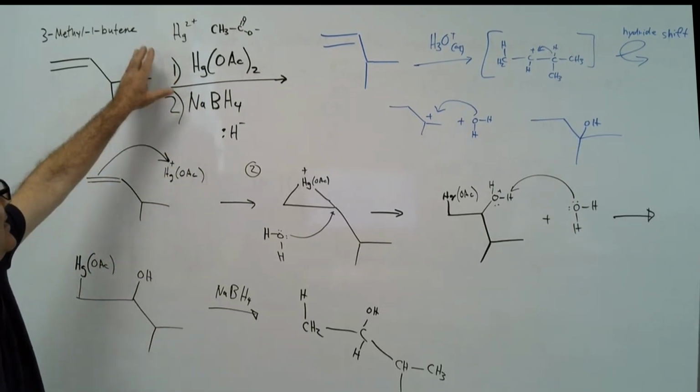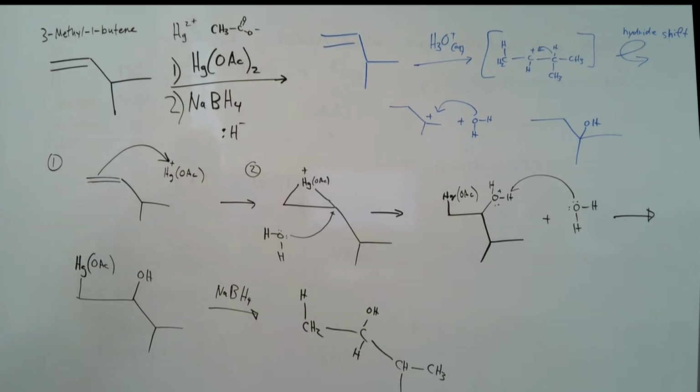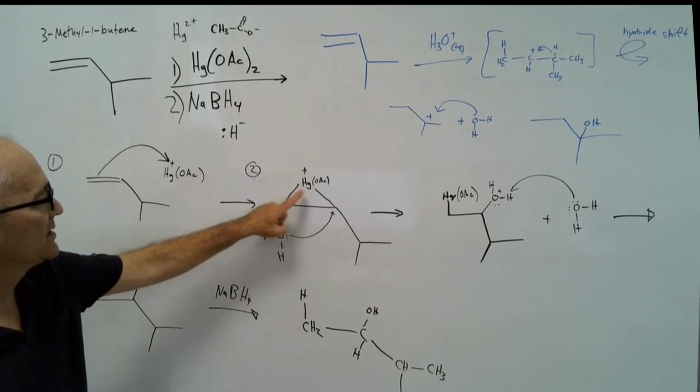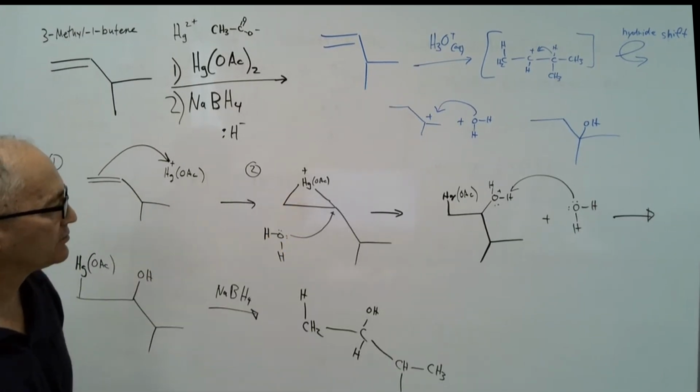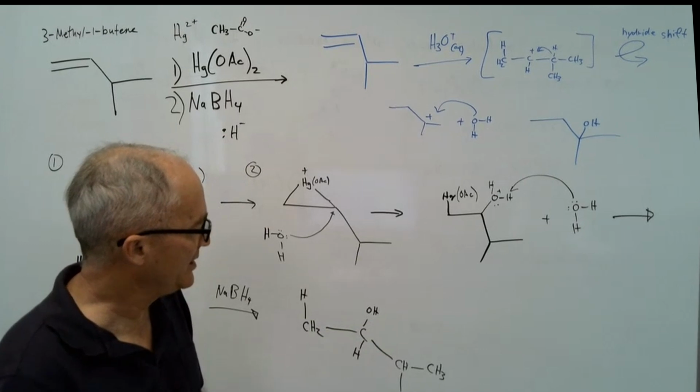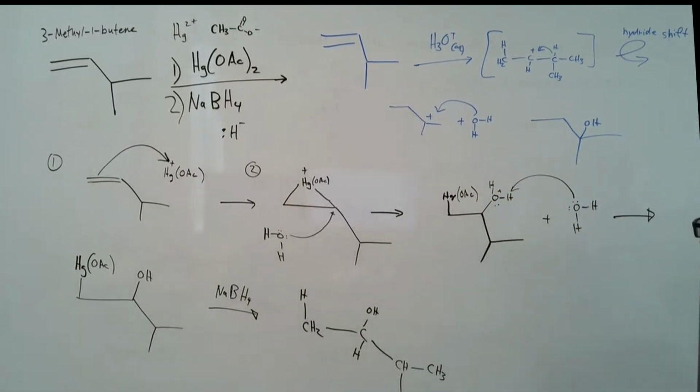So the whole reason chemists came up with this reagent and reaction is that it stops carbocation rearrangement, because this gets locked down. The carbocation can't rearrange, and so our end product, we just draw to make this look like this thing up, so we can compare it.